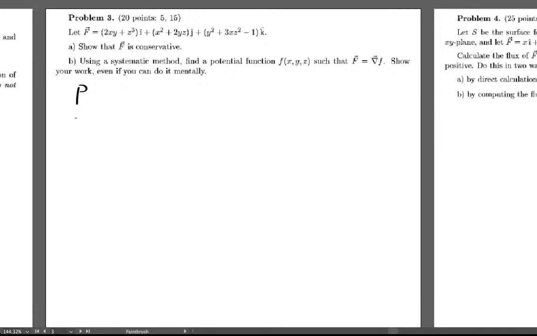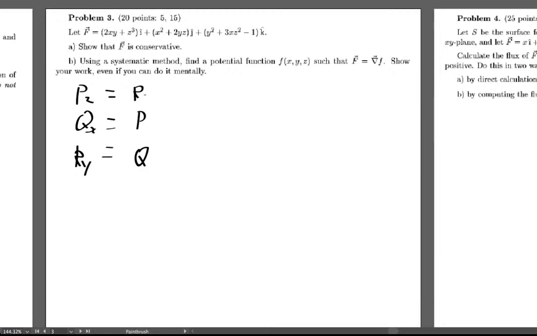First, you write P, Q, and R, just like so, and then you do this: P, Q, and R with x, y, z.